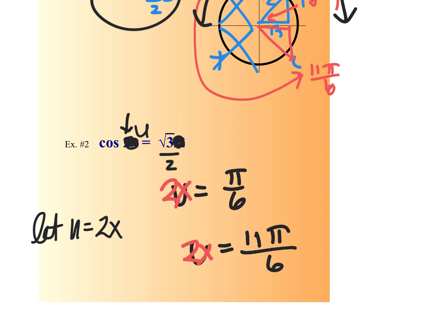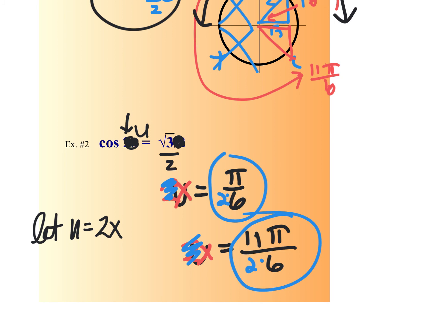And how do you think I'm going to get the 2 off of there? We have to solve it, right? I'm going to multiply by 1/2, or divide both sides by 2 is another way to say that. Final answers: x equals pi over 12 and 11 pi over 12.